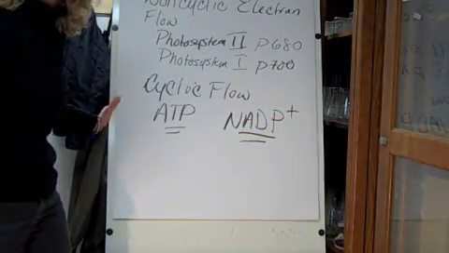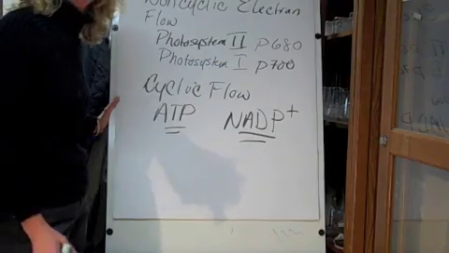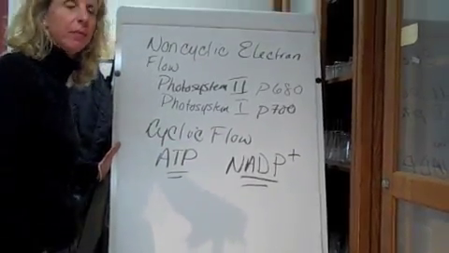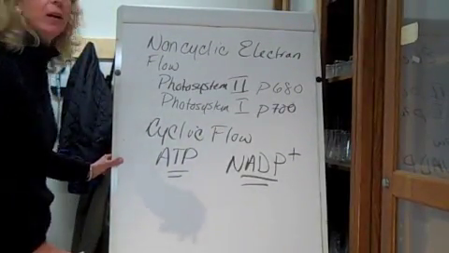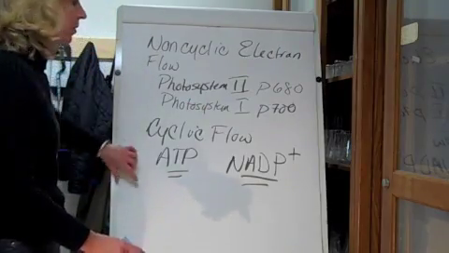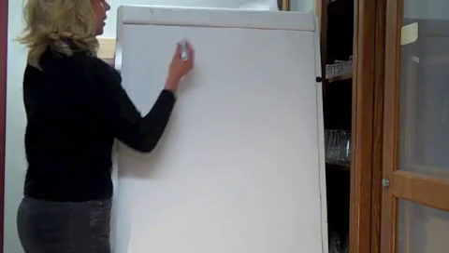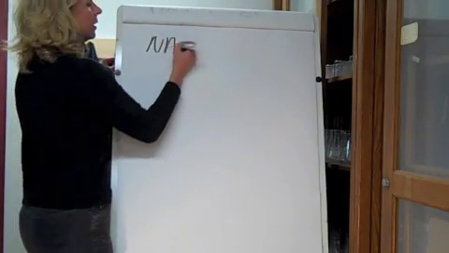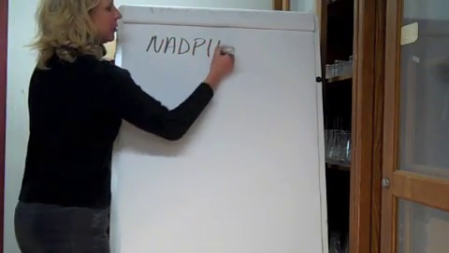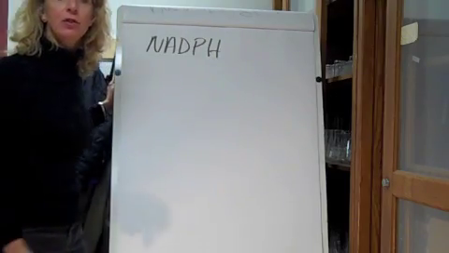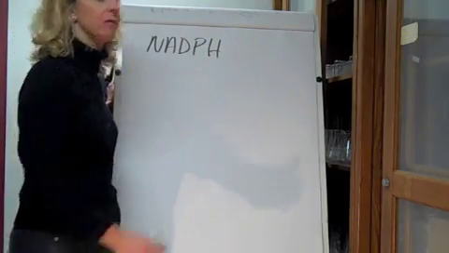It's going to carry electrons with energy, which is what we need to make those sugars in the Calvin cycle. And when it does pick up those electrons, I'm going to flip the page if that's okay with everyone. It becomes NADPH. And NADPH is going to bring electrons to the Calvin cycle.